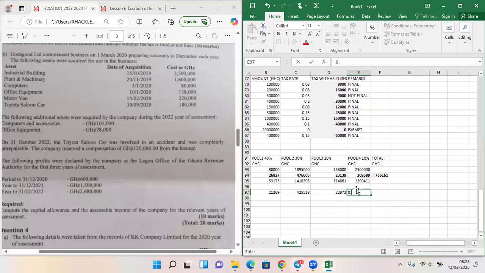This is going to be 0.1 times this. Normally, pool 4 is calculated on the cost. You don't calculate it on the written down value. Only pool 4 is calculated on the cost here. You get it.